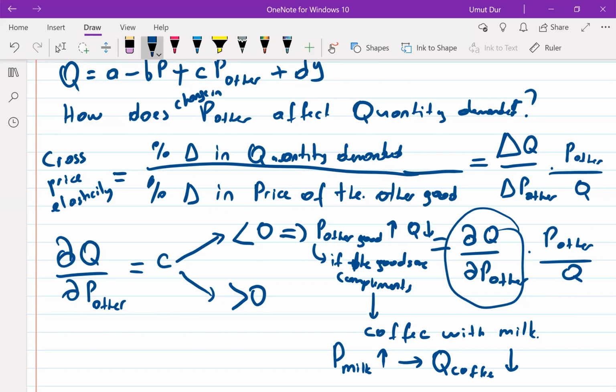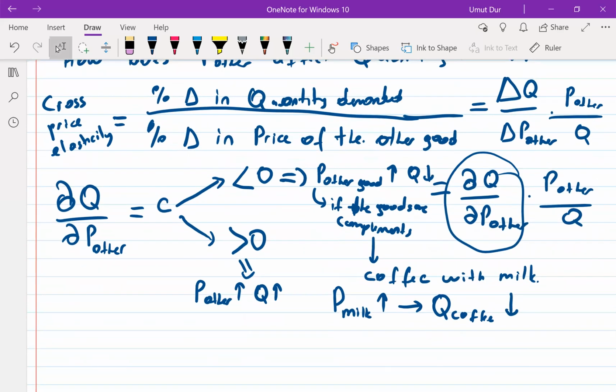the quantity demanded. But if the goods are substitutes, it means that if the price of the other good increases, quantity demanded increases. This is the second case, if the goods are substitutes.